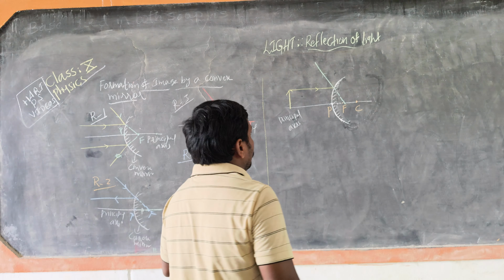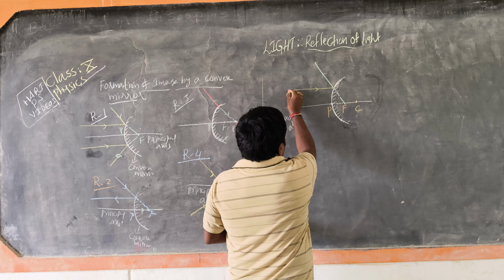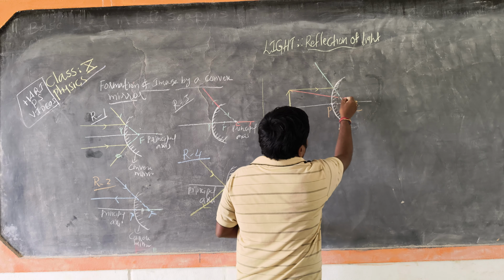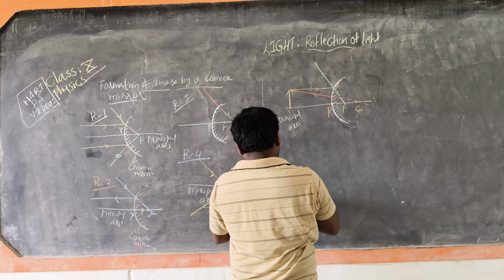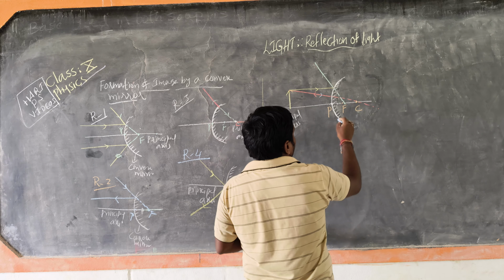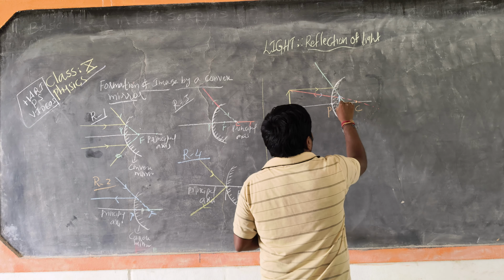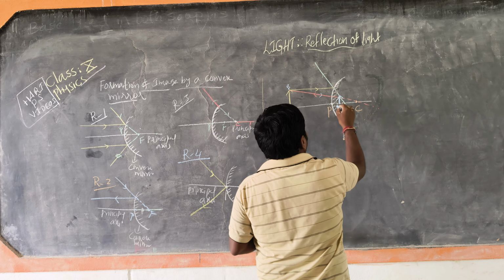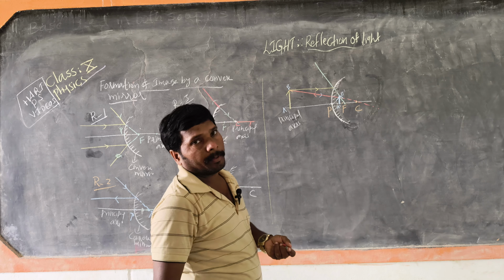If the light ray passes through the center of curvature, we know generally no deviation takes place. So here the object is AB and the image is A dash B dash.